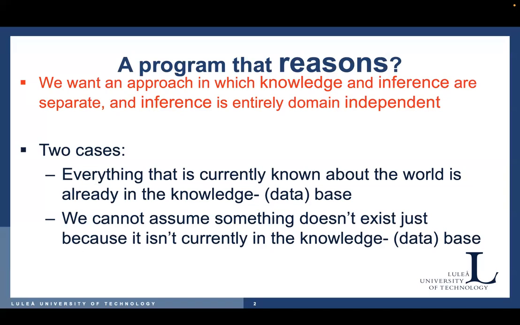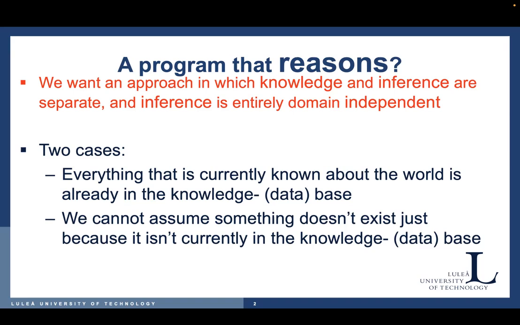So now I want to kind of roll back to our initial motivation about programs that reason, and talk about different modes of reasoning. There are different assumptions we make to enable reasoning, and depending on these assumptions, your reasoning can be of different types. So the taxonomy here is not very complex.